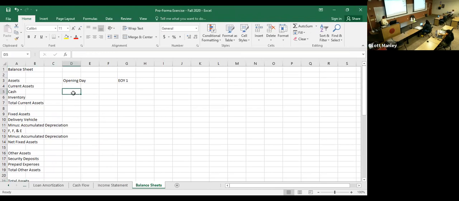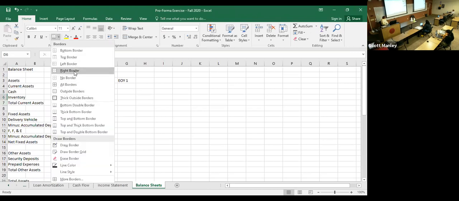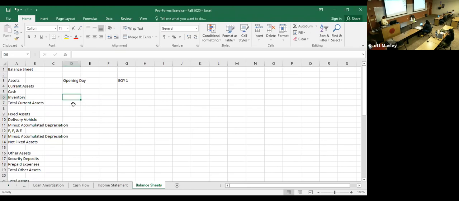This says total current assets. I'm going to put a bottom border under it. Can you help me with the formula there? What is total current assets? It's going to be cash plus inventory, right?